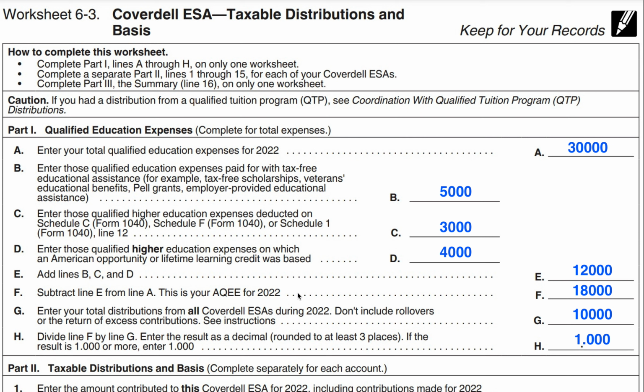So we're going to cover how you use this worksheet to determine what is taxable distribution in a given year and what is basis. A lot of parents have been saving for 18, 20 plus years into these accounts, and they understand qualified education expenses.